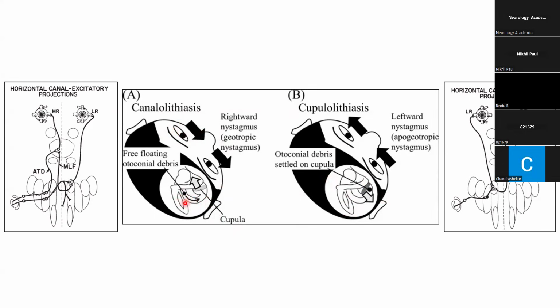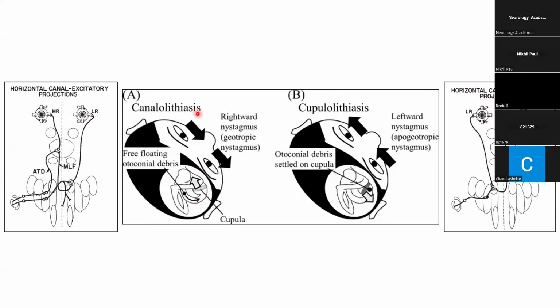What happens when I turn his head to the right side on the supine roll test? The otoconial debris move towards the ampulla, and this flow towards the ampulla in a horizontal canal leads to activation of the horizontal canal, as we said earlier. When there is activation of the horizontal canal on one side, the eyes move towards the opposite side and the compensatory nystagmus will be to the same side.